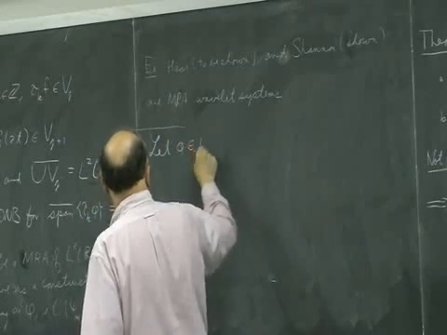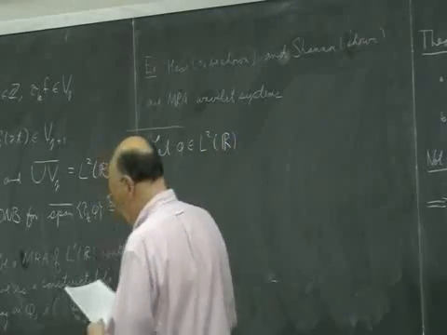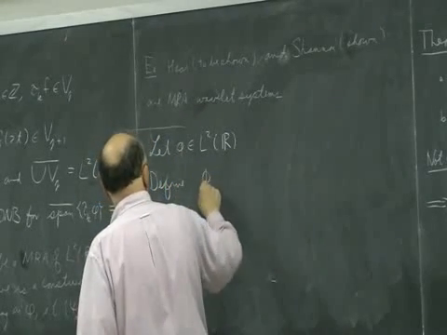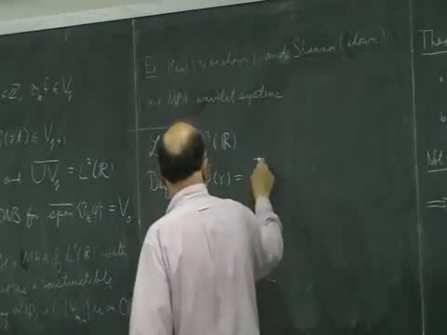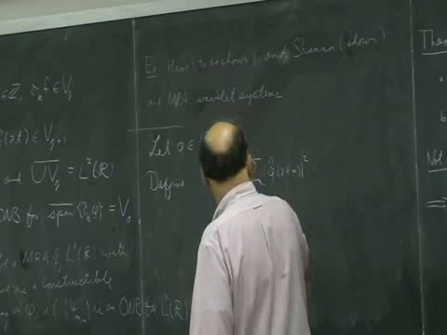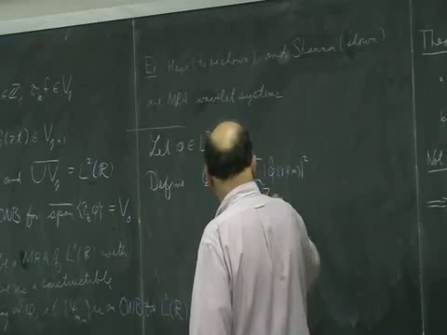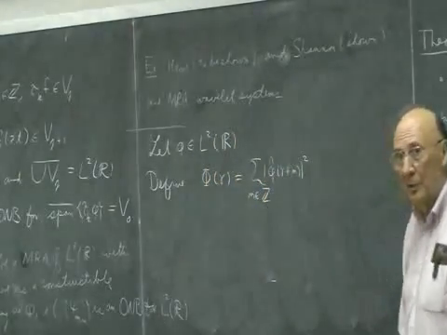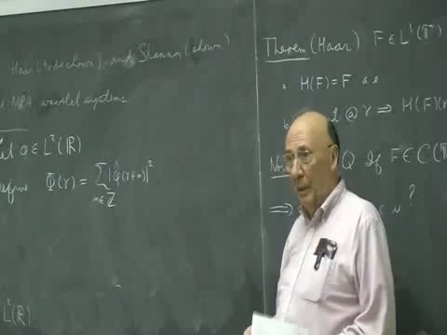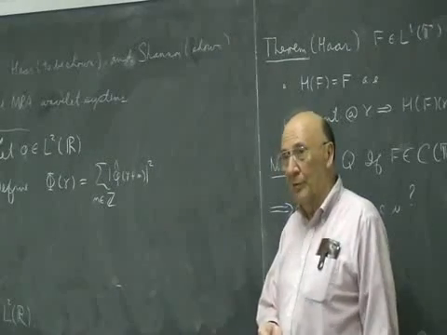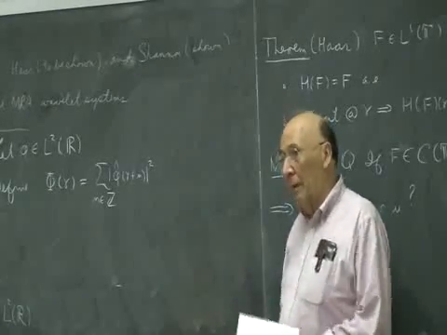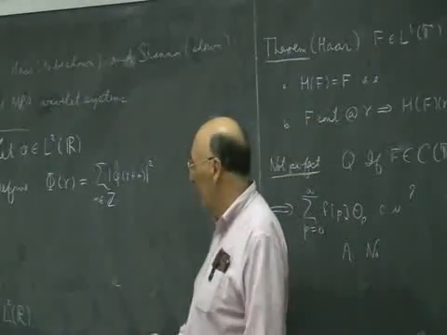Let phi be in L2 of R. And define the function Phi of gamma to be equal to the sum of |phi hat of gamma plus n| squared, n running through all of Z. Now, I've developed this course, this semester, from the point of view of the sampling theorem, where we have this mixing, and this wasn't just an accidental mixing of Fourier series and Fourier transforms, of discrete subgroups and periodizations to make things work.